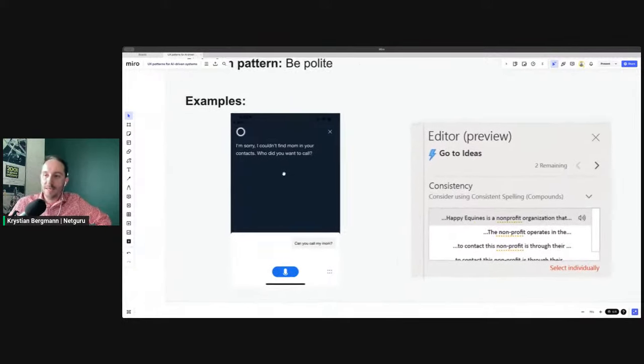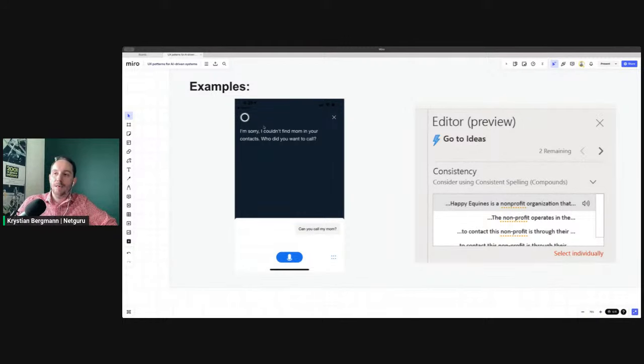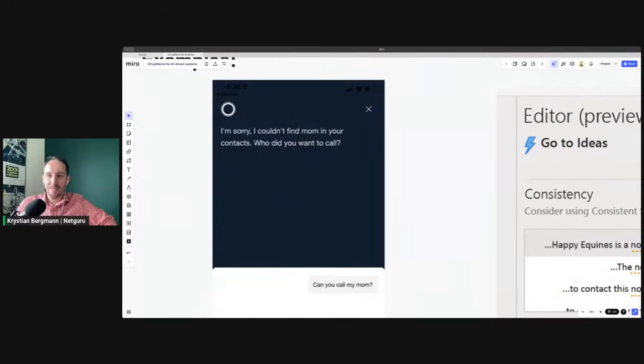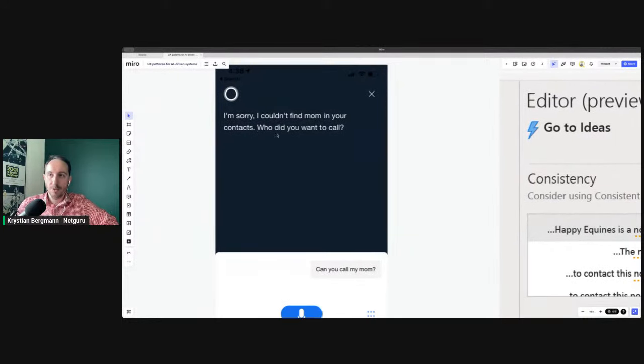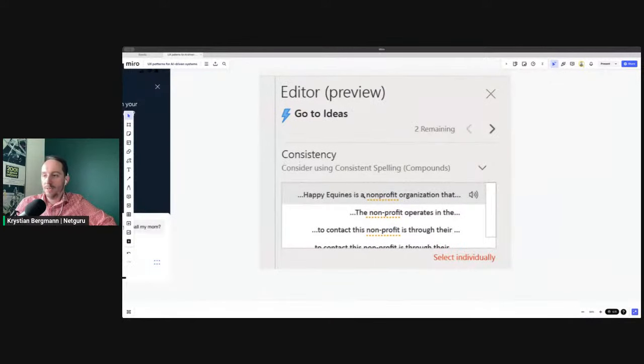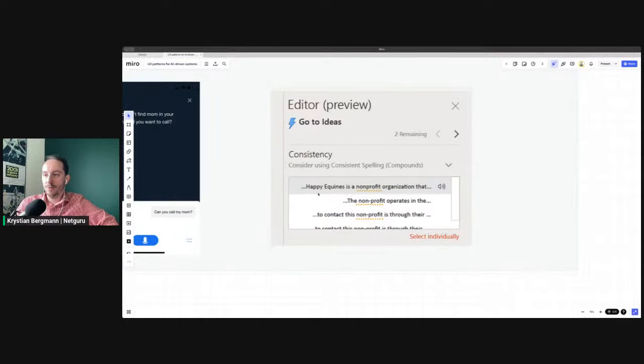So the first thing is that the good pattern is basically to be polite. This is the trend that we're seeing. Like, I'm sorry, I couldn't find mom in your contacts. Who did you want to call, right? Or the other one, like being consistent, right? Or select individually, right? Is a non-profit organization.